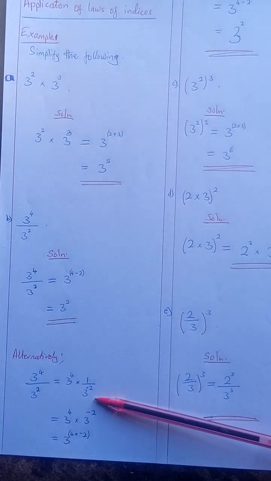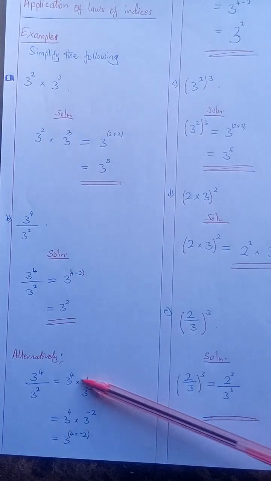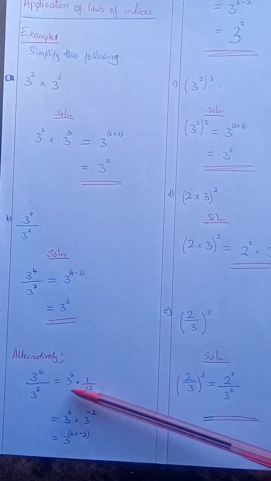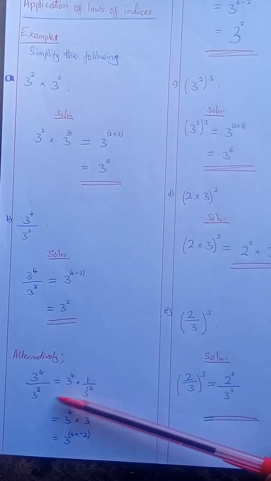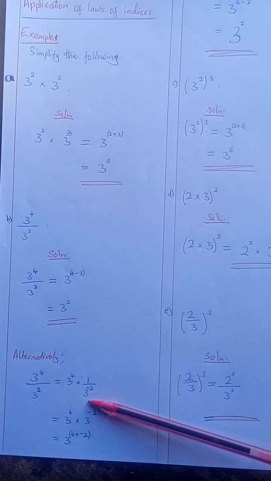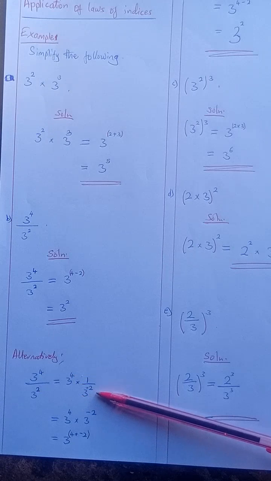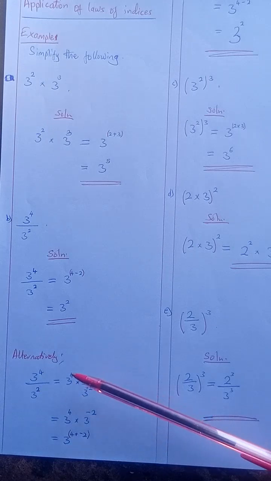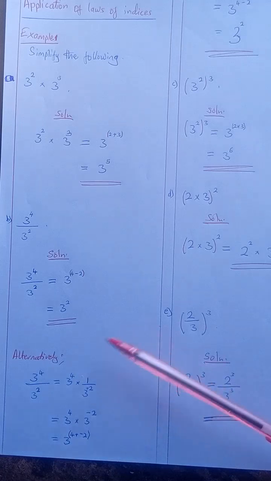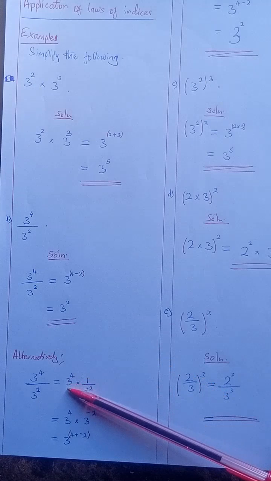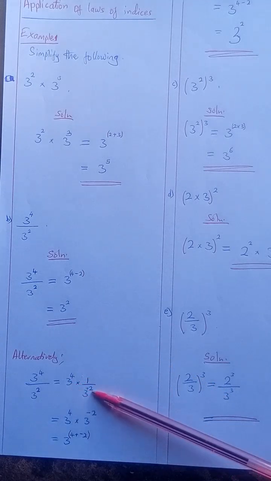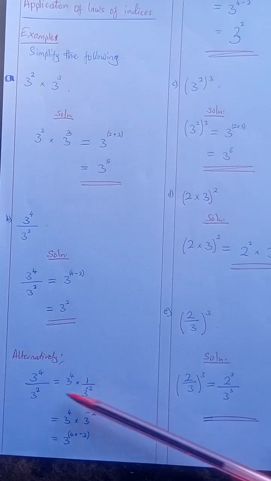positive 2. So now, if you have a fraction, that fraction you can separate as being 1 out of denominator, then multiplied by the numerator, the way we have indicated it here. Since multiplying A by B is the same as multiplying B by A, multiplying 3 to the power 4 by 1 out of this fraction is equal to the multiplication of this one.